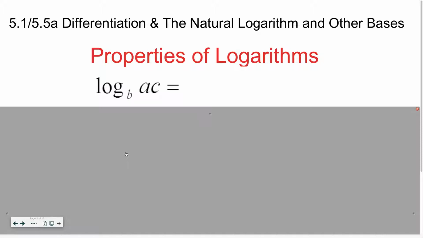How could we rewrite it? The base stays the same, but we add our two logarithms together since there's multiplication inside.